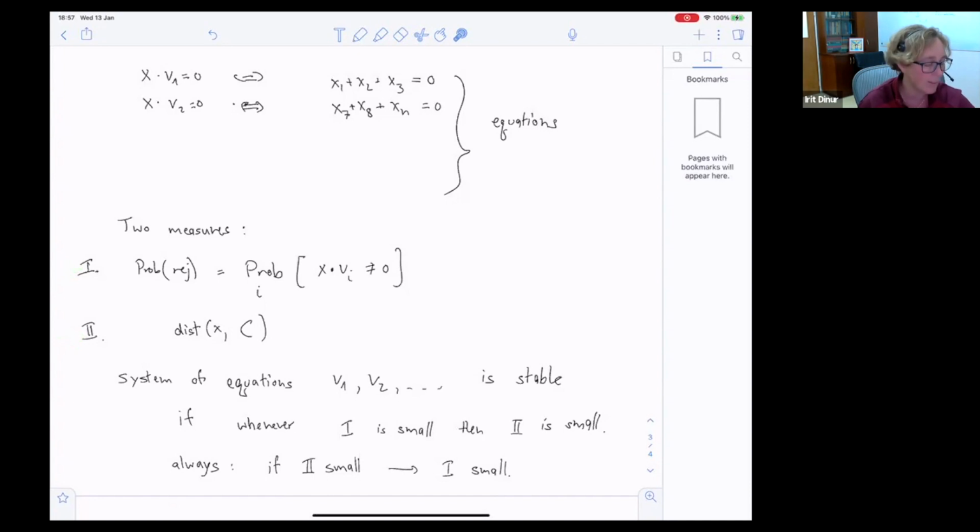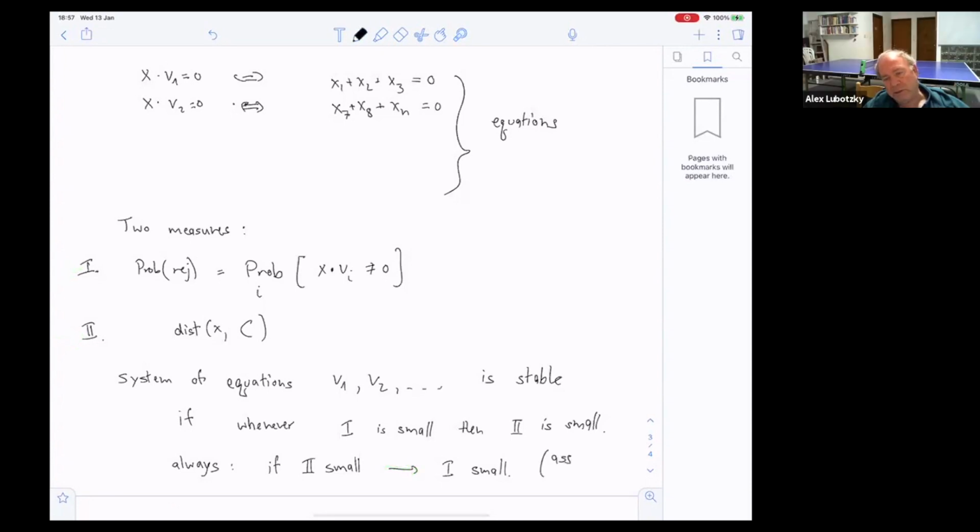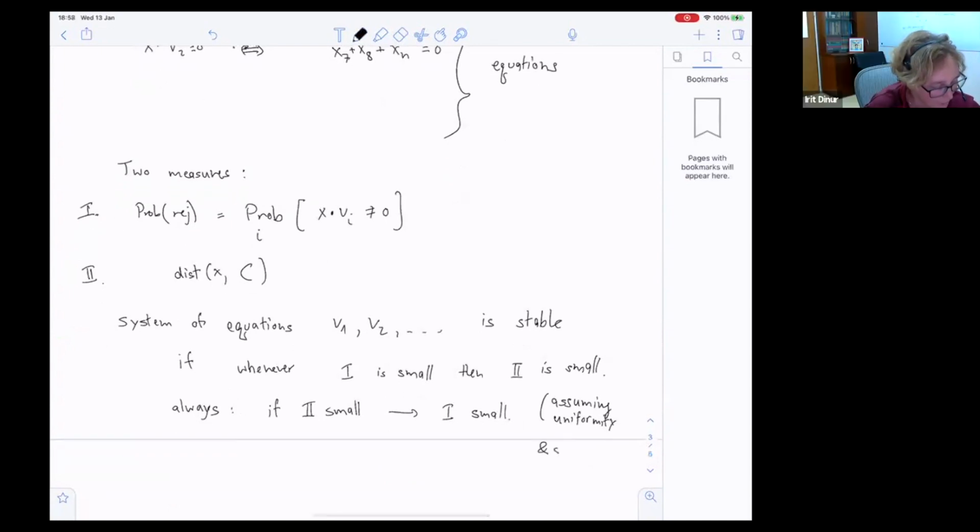Really, this is only true if there aren't some bits that all of the constraints touch. But if there is some uniformity, then this part is true. You need the matrix to be sparse also on the columns, right? Not just on the rows, no? Right. Assuming uniformity and sparseness in the columns.